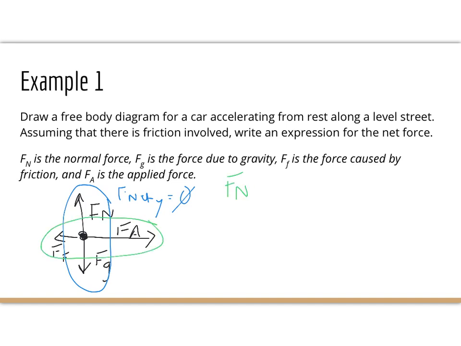We say that F net is equal to F of A, and we can say plus force of friction, knowing that we're going to give it a negative because force of friction is in the opposite direction, or the left direction, or the west direction. Or you can also say F net is equal to F of A, take away F of friction, because we know it has to be a negative vector. Okay? Whatever you'd like there, I'm okay with either statement.